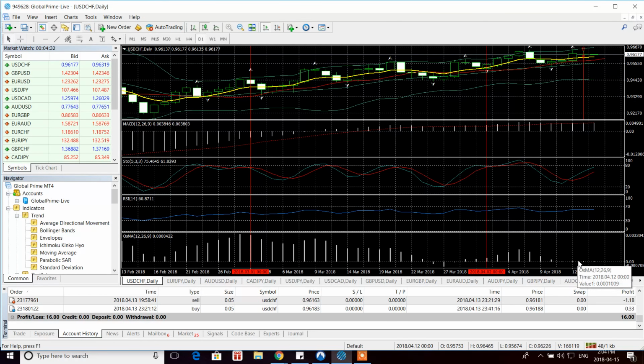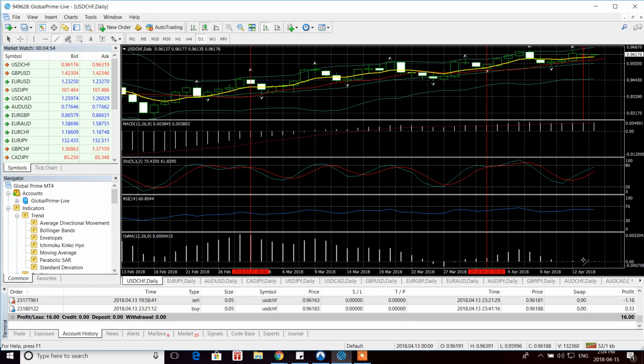Also, another thing, now let's take a look here. This also has to be in the positive, but I don't know if it's in the positive. It looks like this is lower than that.